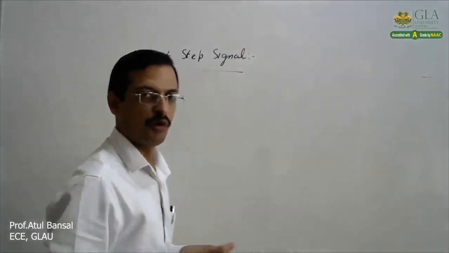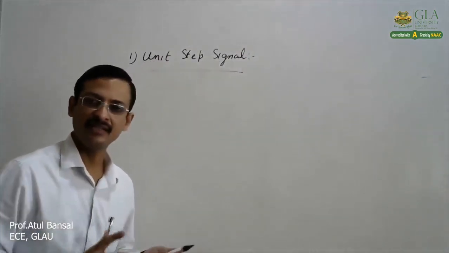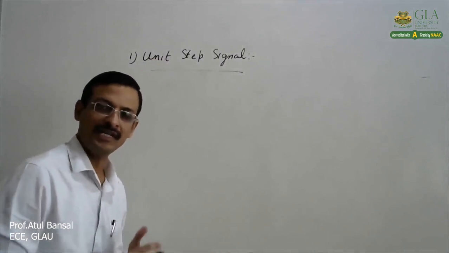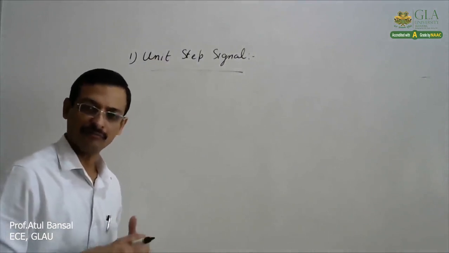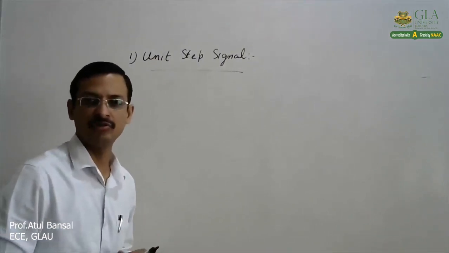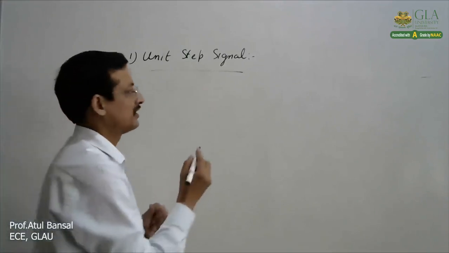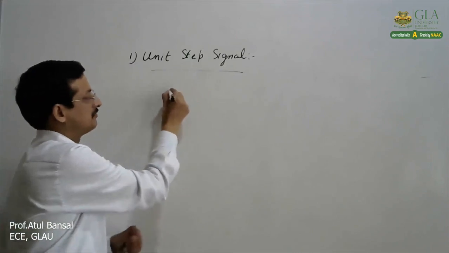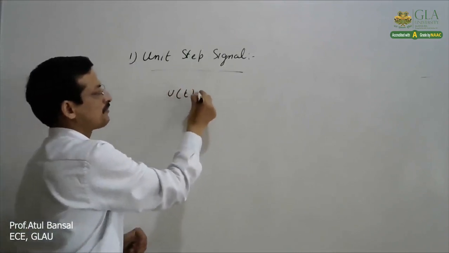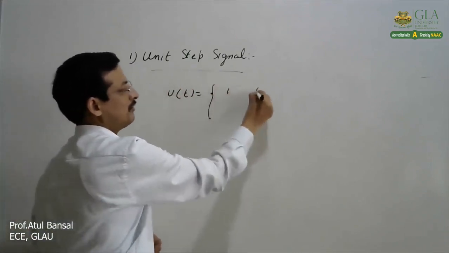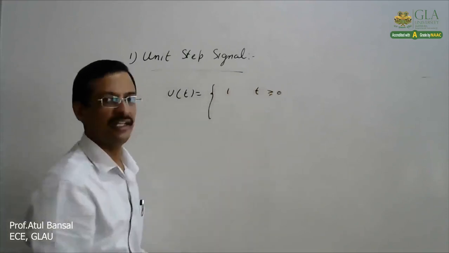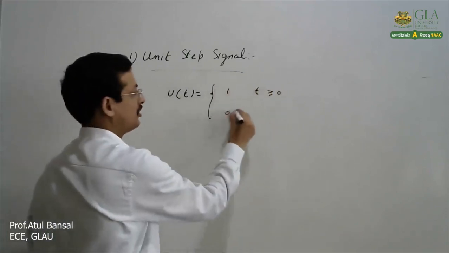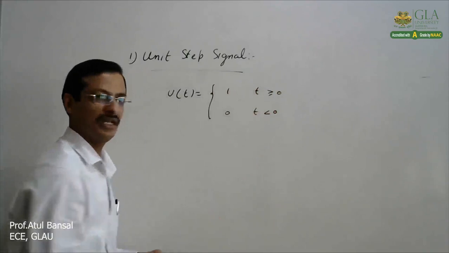Now, more precisely, we define any signal which is 0 for t less than 0 and 1 for t greater than or equal to 0 as the unit step signal. So, mathematically, we write u(t) is 1 for t greater than or equal to 0 and 0 for t less than 0.